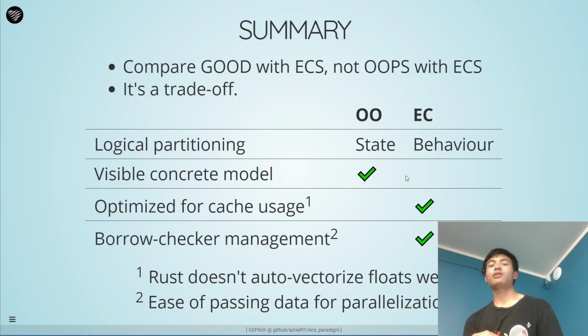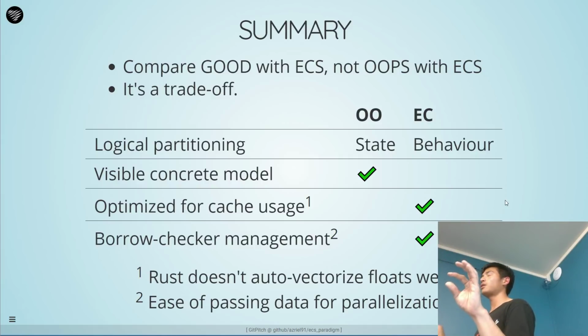Yep, so you get a visible concrete model in object-oriented languages. For ECS, I give it a tick there because you get that for free, but you can have cache-optimized compiled code for object-oriented code if you have a really smart compiler. For example, if you're computing the intersection of 2 spheres and you're storing a list of spheres, in your mental model each stores x, y, z and radius.